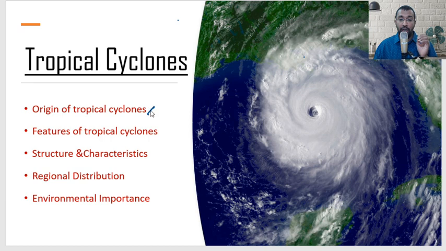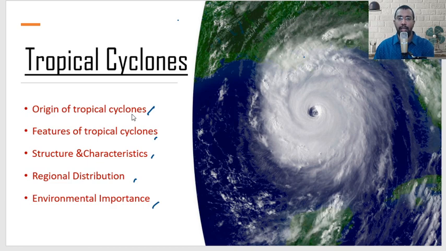Then I'm going to talk about the features of tropical cyclones, their structure and characteristics. I'll also talk about the regional distribution, the environmental importance, and the present and recent cyclonic activities. Yes, let's get into this topic in detail. I guess you are all excited to know about this topic. Good luck.